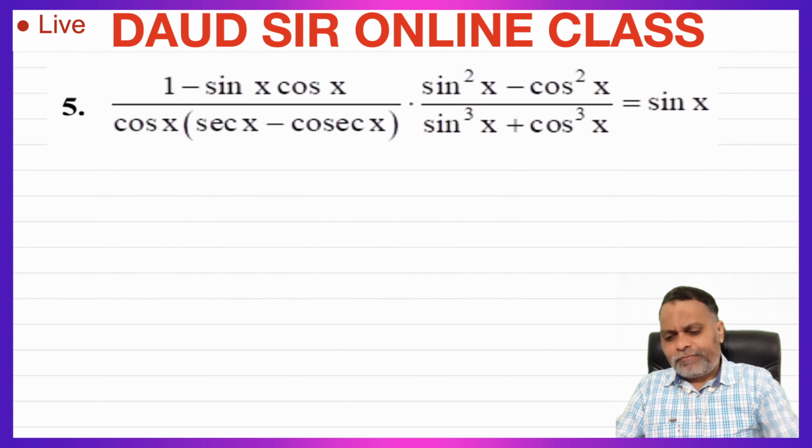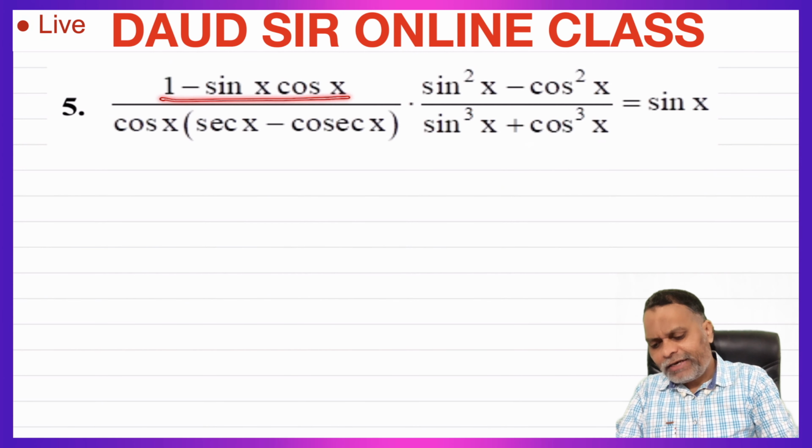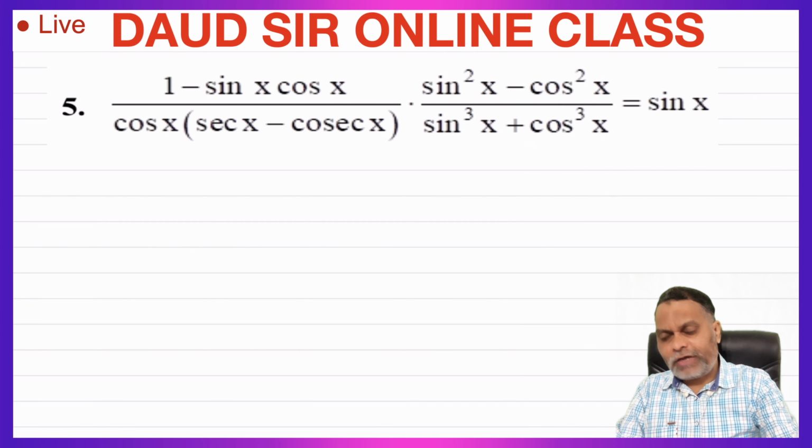Question number 5. Prove that 1 minus sin x into cos x upon cos x into sec x minus cosec x into sin square x minus cos square x upon sin cube x plus cos cube x is equal to sin x.